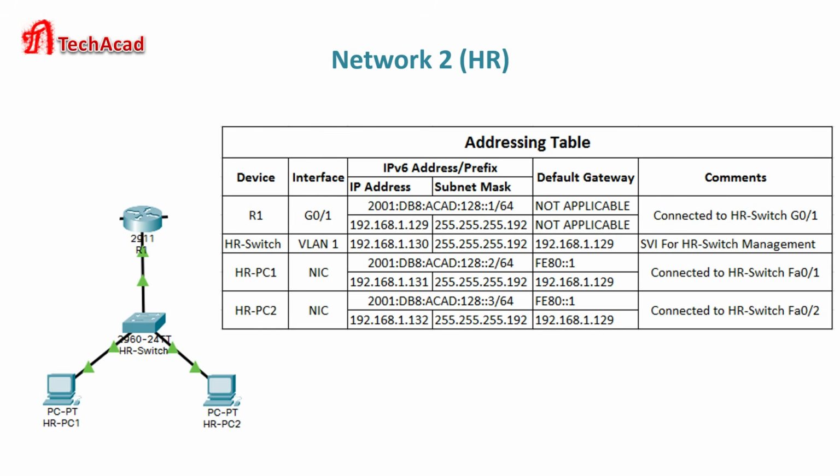So we can see on R1, HR switch is connected to G0/1. And we can see its IPv6 address, IPv4 address with the mask. Also, we have to configure the HR switch with the IPv4 address, that is for the management purpose. Also given IPv4 as well as IPv6 address for the end devices, HR-PC1 and HR-PC2.